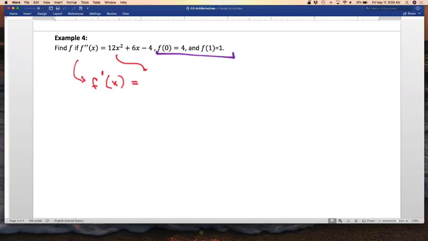Okay? So again, we're raising the exponent by 1, and so we multiply out front by 1/3, which brings 12 to 4. The next step is similar. If we're taking the antiderivative of 6x, that x has to go up 1 degree, which makes it x squared. So we're multiplying the 6 by 1/2, which gives us 3.